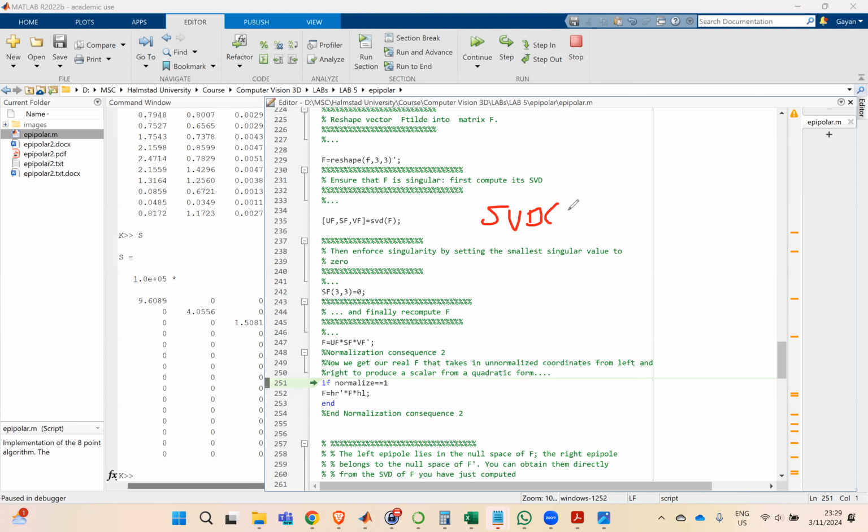Because mathematically, when you take the SVD of some matrix, you should get U sigma V transpose. But in MATLAB, it will give you V. It will remove the transpose and give you. So that's why you need to take the transpose of the last guy. Okay, so you got it?